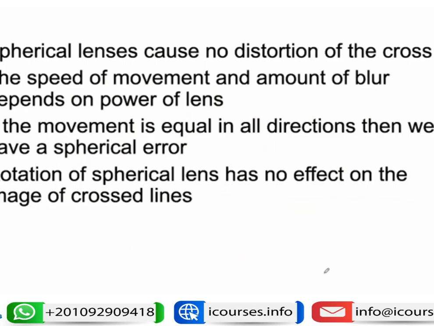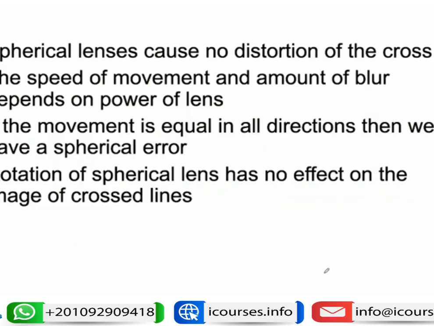So this can be done for detection of the type of a spherical lens. But in case of a cylindrical lens, there will be other maneuvers in order to detect if there is a cylindrical lens or not. For example, the spherical lens will cause no distortion of the cross. So if you move in any direction, and if you rotate, then you will have no distortion at all.